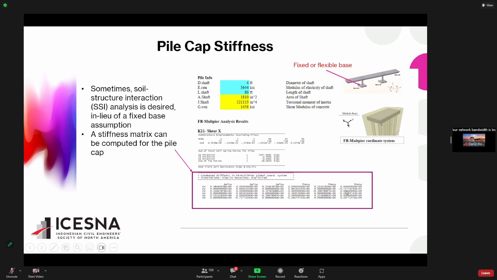A 6x6 matrix for axial force X, Y, and Z, and the moment X, Y, and Z. So you can use this 6x6 stiffness matrix, give it to the bridge engineer, and he or she can use this matrix to design the bridge. So yeah, the stiffness matrix is used by the bridge engineer for structural analysis.